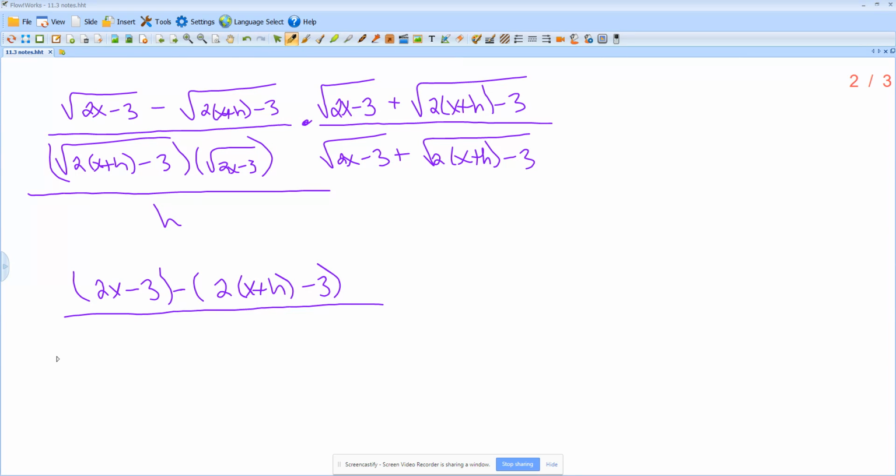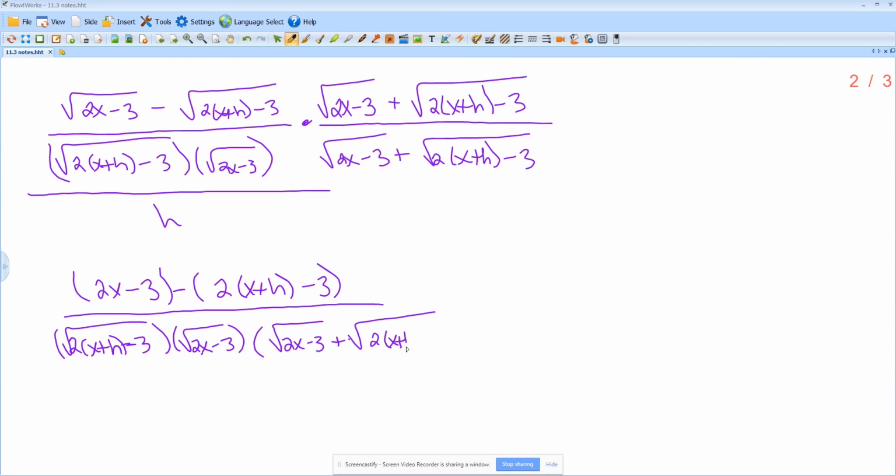And this is all over, and this is where it gets really messy, square root 2x plus h minus 3 times square root 2x minus 3 times the sum of square root 2x minus 3 plus the square root of 2x plus h minus 3. Yeah, by the way, this is all over h.